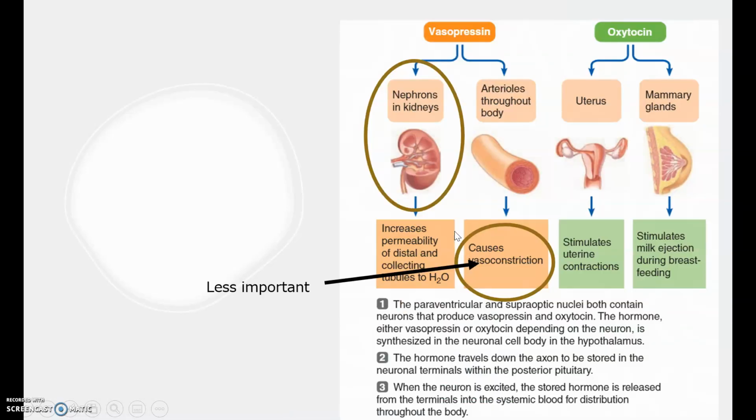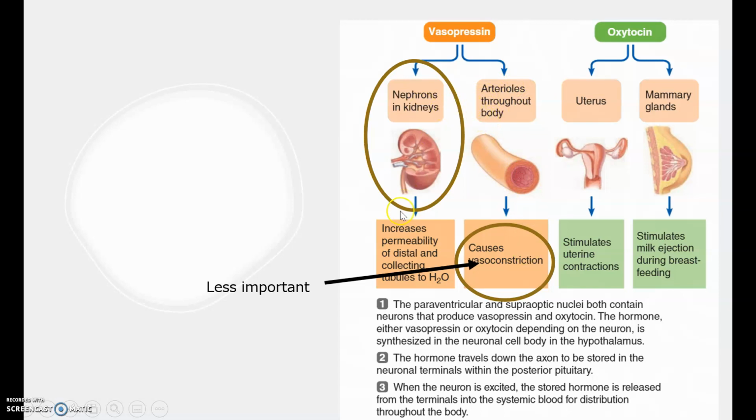Now let's talk about these specific actions. Vasopressin has two main functions, but the biggest one being in these nephrons in the kidneys. I deemed less important the vasoconstriction of arterioles in the body, and I'll talk about that a little more later and why that's not as big of a deal.